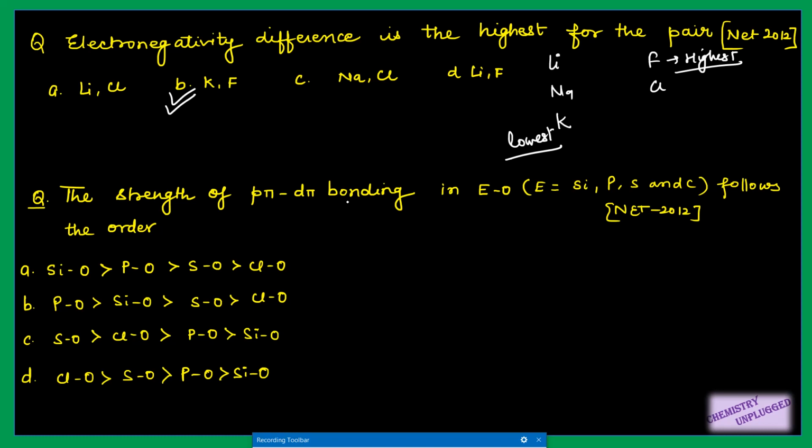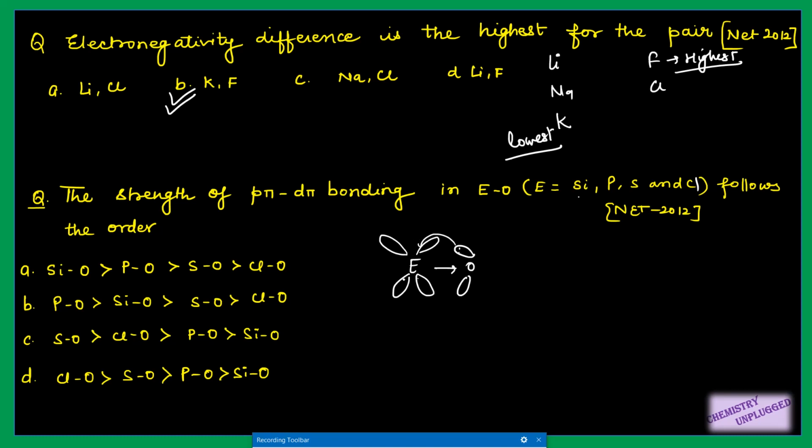Then next question is strength of p pi d pi bonding in EO follows the order, where E can be silicon, phosphorus, sulfur and chlorine, right? So strength of p pi d pi back bonding we have discussed: suppose E is giving electrons to oxygen by a dative bond. Now this oxygen will give its electron to the d orbital of E by back bonding.